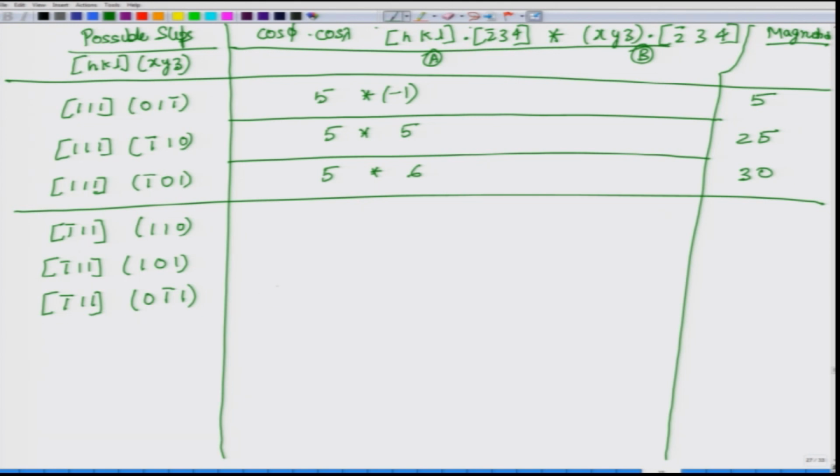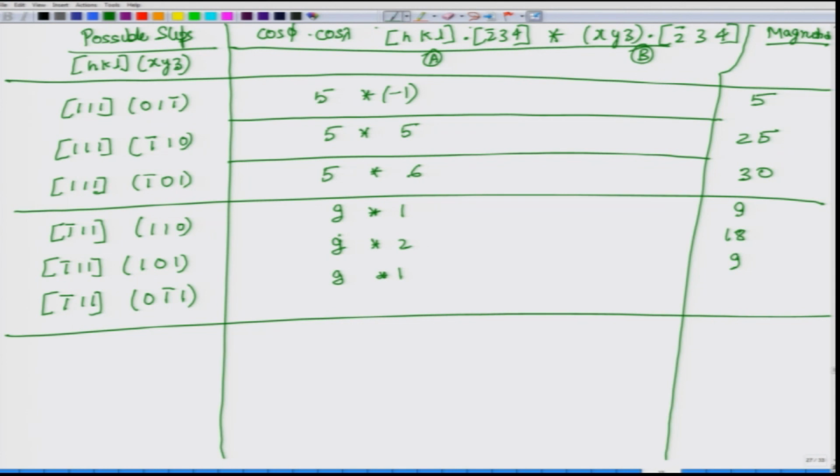These are the 3 possibilities over here, and what you will see is it will come out to 9 into 1, 9 into 2, and again 9 into 1. So, this comes out to 9, 18 and 9. This takes care of this other set, the bar 1 1 direction.